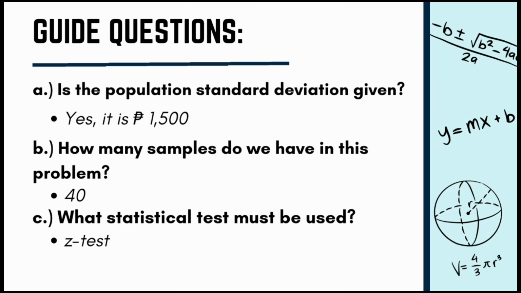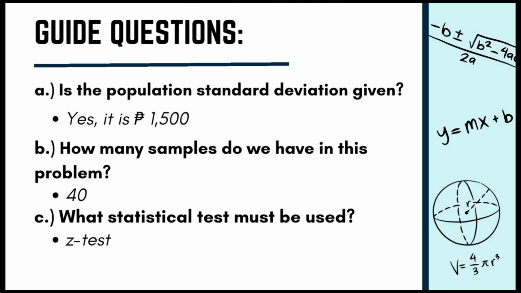Tinutukoy ko dito ay yung 40 teachers. Question number 3. What statistical test must be used? The answer is z-test. Kaya naman z-test ang ginamit sa given problem dahil yung z-test ginagamit kapag yung population standard deviation ay given na. And yung number of samples is mas malaki sa 30 o katumbas lang nito.